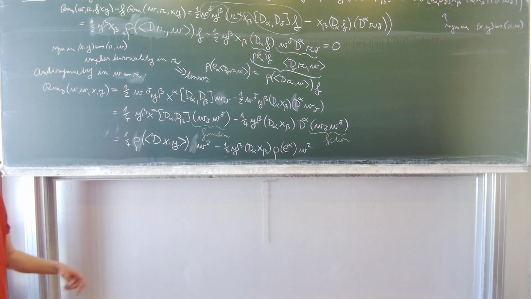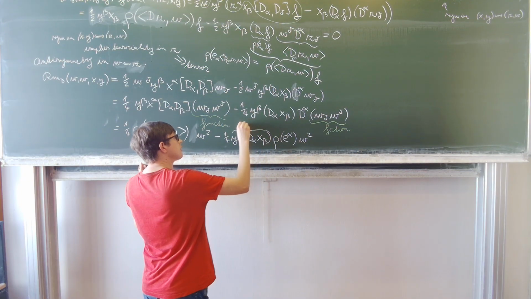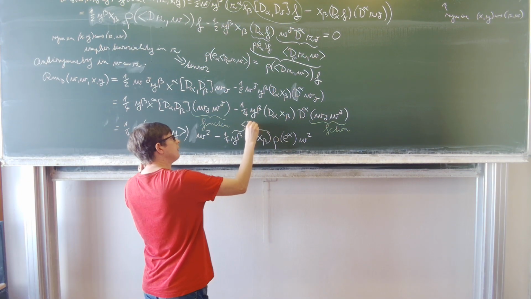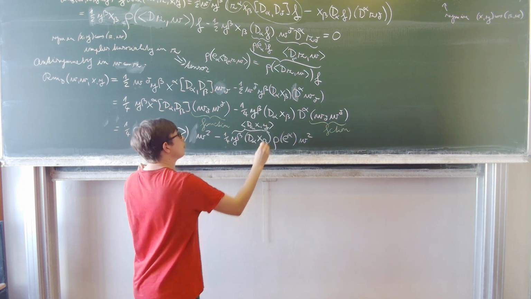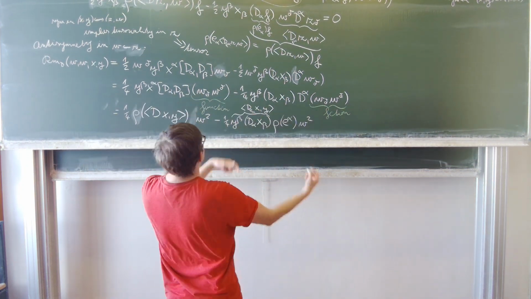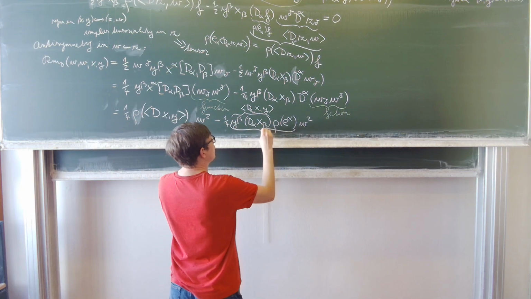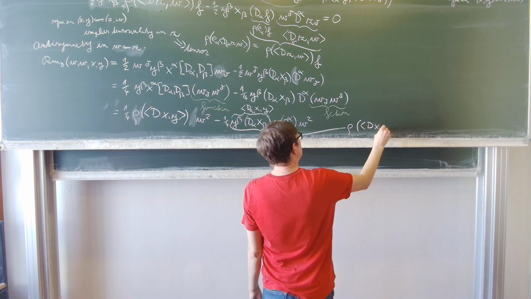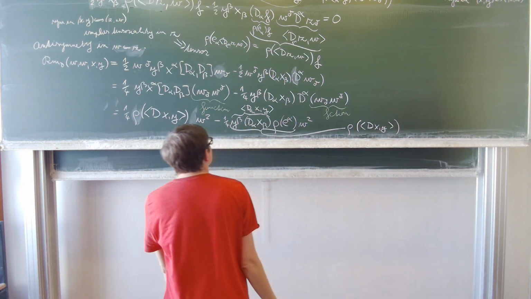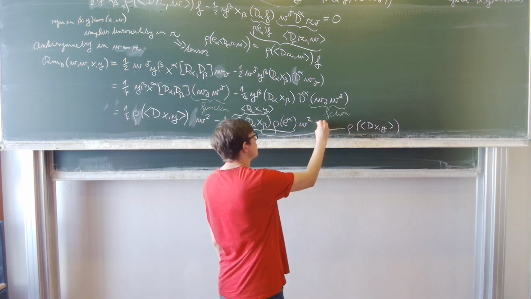By the same argument as before, I can write these together as d e alpha x paired to y, and I can put them together, and finally I get that this is rho of dx y, which is the same as here, and hence this is 0.